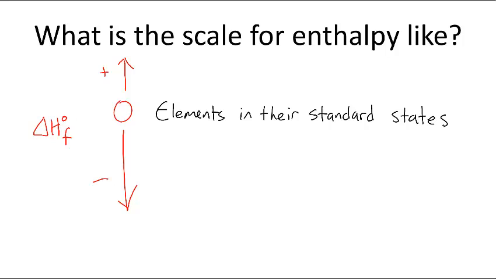If enthalpy is our measure of potential energy, most reactions are going to favor a decrease in potential energy. So the most stable compounds are going to be found below 0. When you look up heat of formation values for compounds that you encounter a lot in your everyday lives, things like CO2 or H2O or NaCl, down here, these are going to be stable compounds.